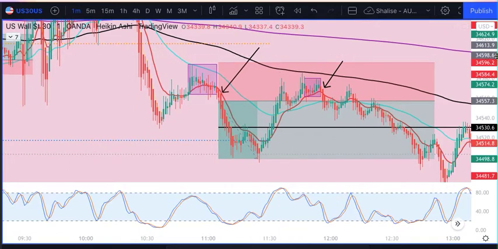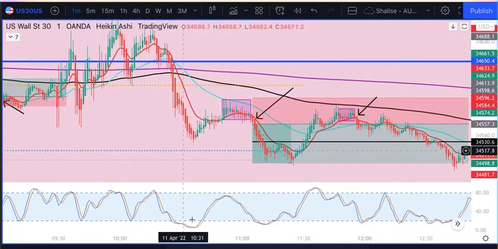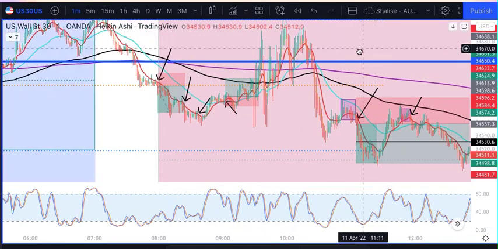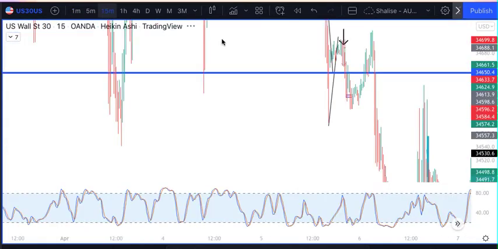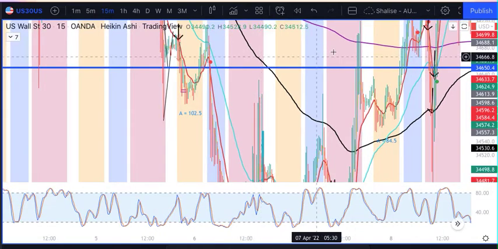My first personal trade, well, before we do that, I always want to see what the daily trend has been. As you can see, the daily trend, whoa, we went far.